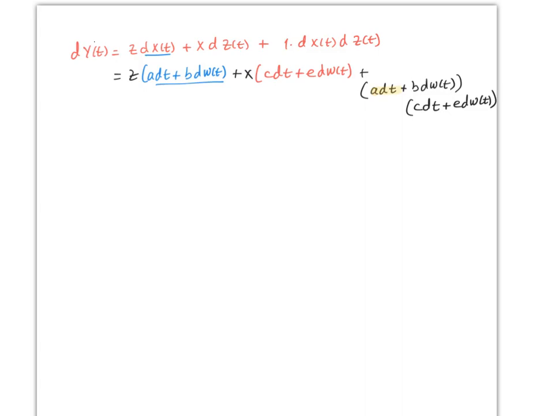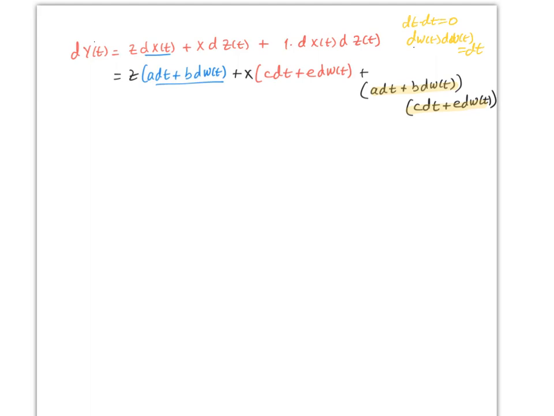All right, so let's focus on this part first. Remember that dt times dt is equal to 0, and dW_t times dW_t was equal to dt.